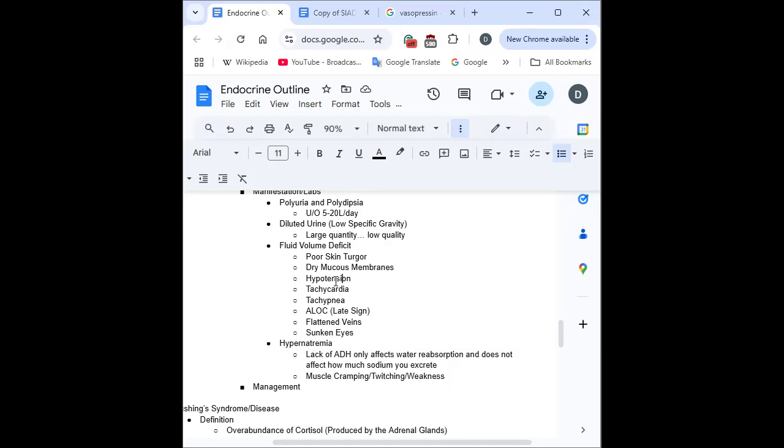I'm not even sure what level of hyper we'd have to look it up actually. Looks like it is associated with a sodium level of above 160, but they don't really emphasize it as much for this one.